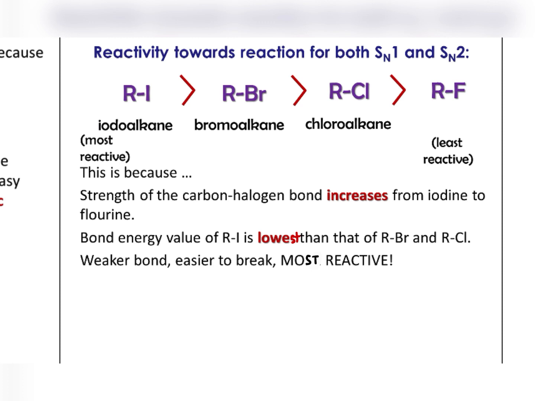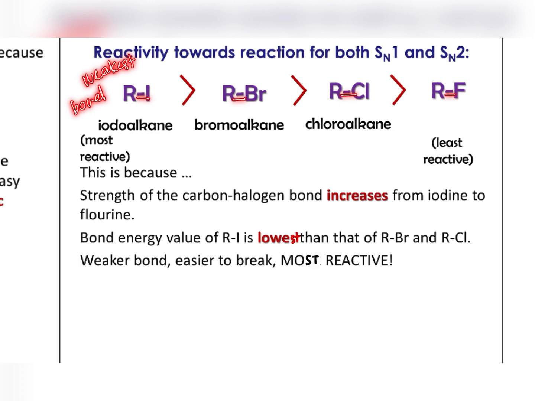Okay, this is because the strength of the carbon and halogen bond, okay, it increases semakin kuat from iodine to fluorine. So bond between carbon dengan iodine yang paling lemah lah, the weakest bonding between carbon dengan iodine compared to carbon dengan bromine, carbon dengan chlorine, and carbon dengan fluorine.